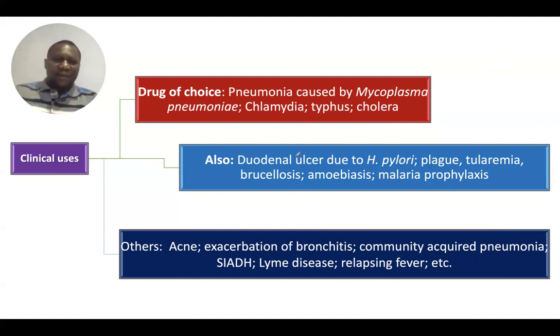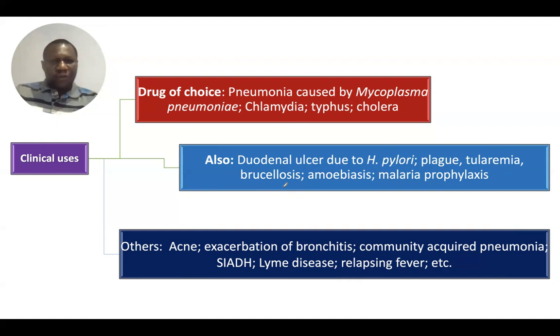Then aside from this, we could use them together with other medications in what we call triple therapy in dealing with duodenal ulcer that is being caused by Helicobacter pylori. We could also use them in combination with aminoglycosides to deal with plague, tularemia, brucellosis.